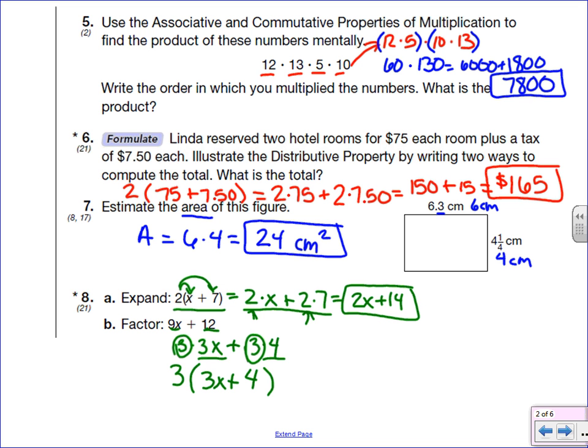And then I can double check with the distributive property. If I take this, I would have 3 times 3x plus 3 times 4. 3 times 3 is 9x. 3 times 4 is 12. And that's what we originally had. So this is the correct answer.